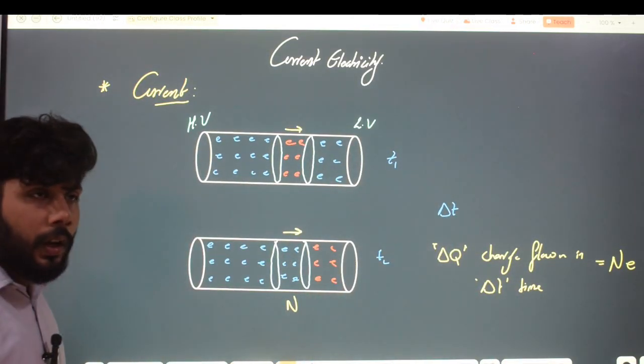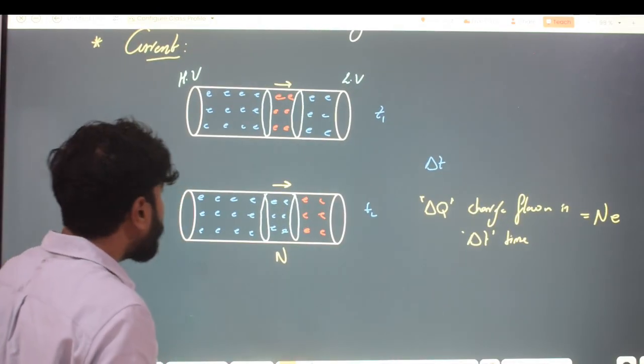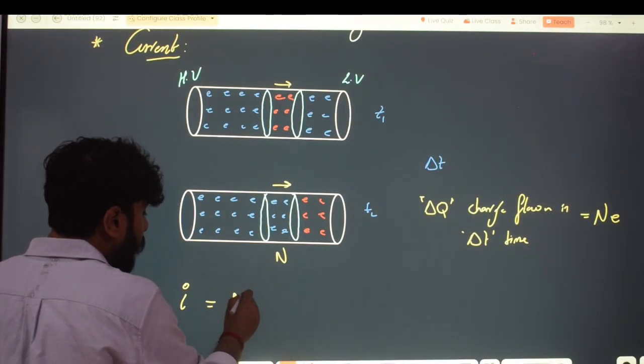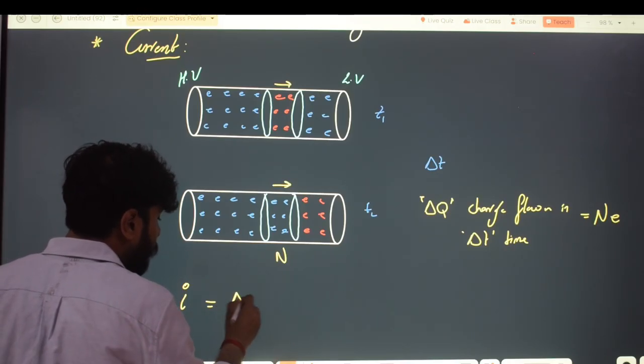That is the flow charge, how much charge has flowed from this section. Are you getting it? So simply, current is how much charge will flow from a particular cross section in a given time. That will be a particular conventional current.